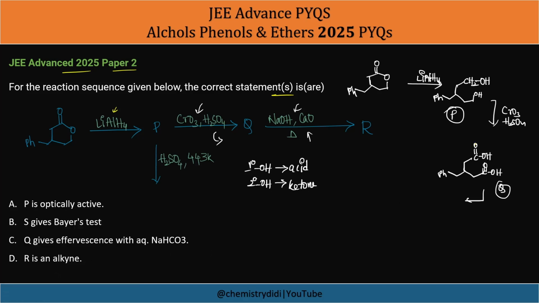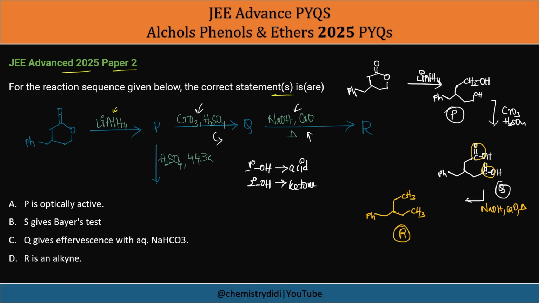So basically just remove this CO2 over here. When we treat with this soda lime, NaOH, CaO, and heat, the final product we'll get over here will be CH3, and here it will be CH3, and this part will be as it is. So this is our product R.